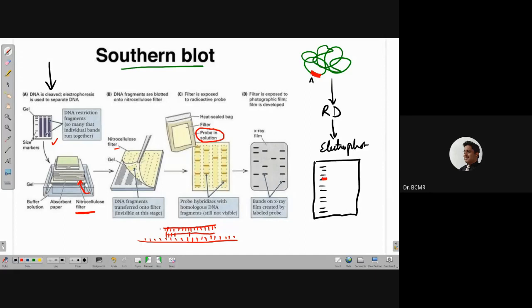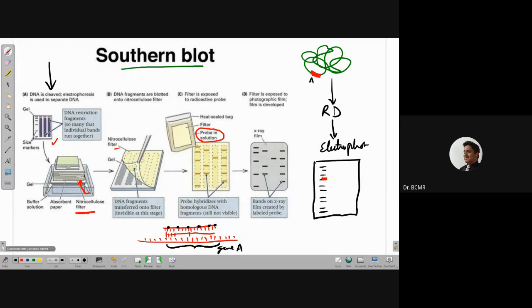The second property of the probe is it should have a label. Preferably it is a radio label, but there are also others available. So a probe is a nucleotide which is complementary to the region of our interest. Here I said gene A is our interest.